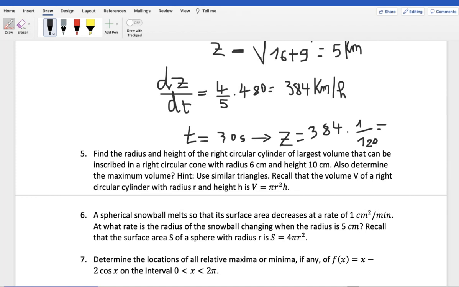Right? I think that's the correct way, if I'm not mistaken. And if you do the math there, you'll find that that is equal to just 3.2 kilometers.